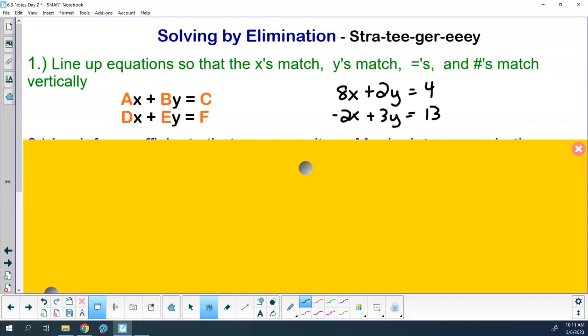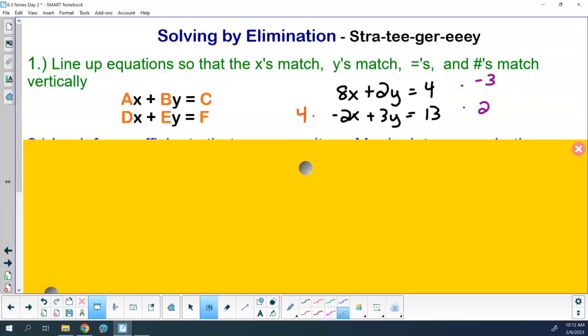If I wanted to eliminate the y's, I would have to multiply the top equation by negative 3 and the bottom equation by 2. If I wanted to eliminate x's, I would have to multiply the bottom by positive 4 because it's already negative.